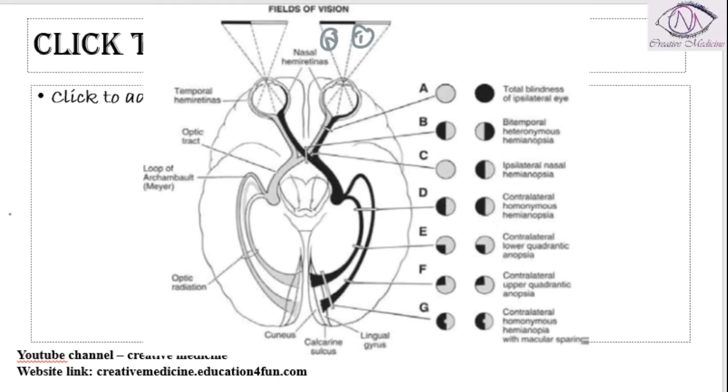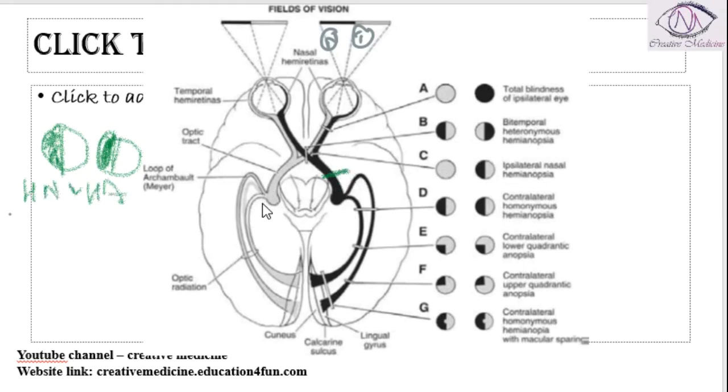If you see here, the ipsilateral temporal retina is lost, so there will be loss in the nasal field like this. And the contralateral nasal retina is lost, so there is loss in the temporal field. So this is actually homonymous hemianopia, seen in patients with an optic tract lesion.